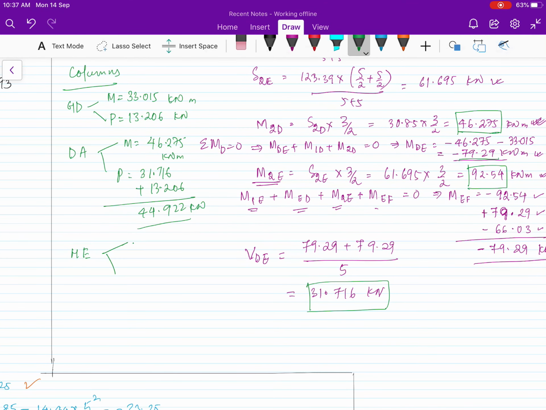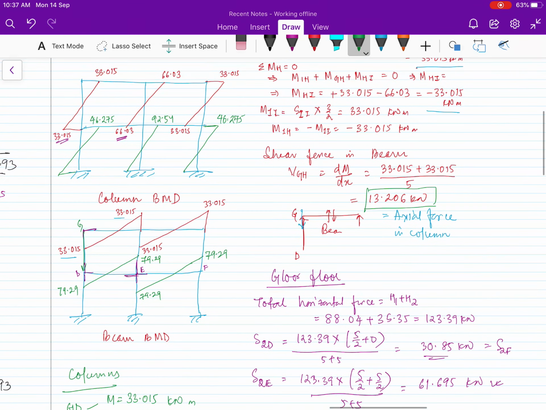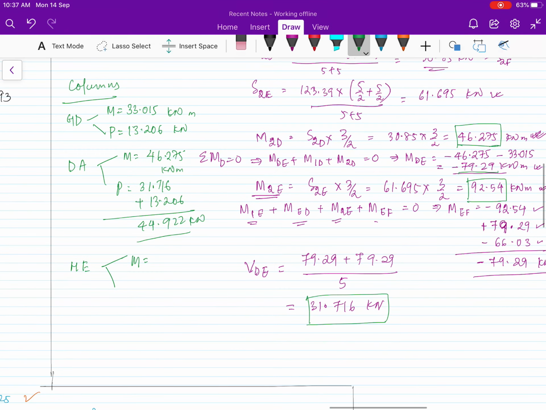Coming to the intermediate columns, HE. So we are going to design for moment 66.03, okay, and 92.54 for the below one. So 66.03, and for EB, we are going to calculate for moment 92.54.